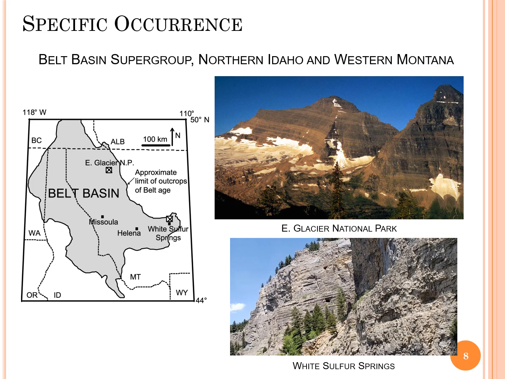It makes up, when it's been uplifted, some of the more unbelievably impressive mountain ranges in the Glacier National Park area. I've showed a couple of slides here where you can see East Glacier National Park in an area called White Sulphur Springs down here towards the southern end of the Belt Basin.